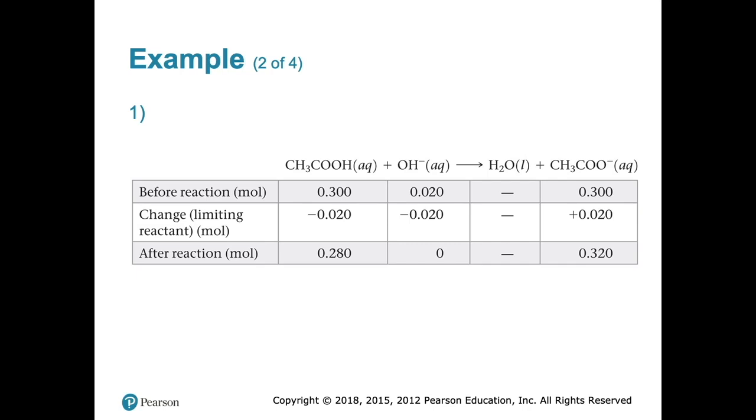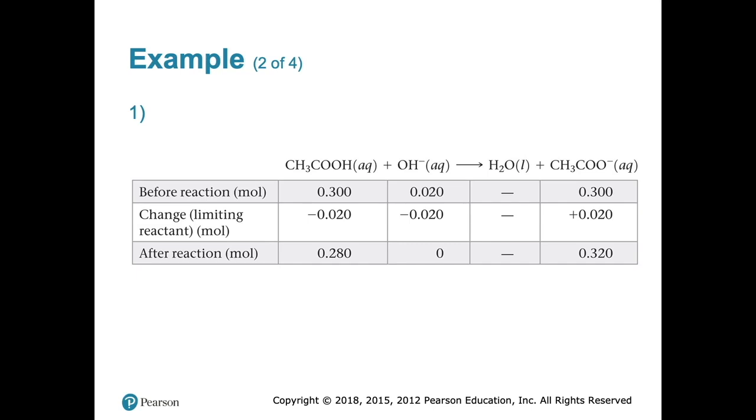And so, what's the change going to be? Well, when we add in the 0.02 moles of sodium hydroxide, we lose those moles of sodium hydroxide because they pull off protons from the acetic acid. So you'll lose the exact same number of moles of sodium hydroxide that you put in, and you'll also lose the same number of moles of acetic acid because the acetic acid became what?